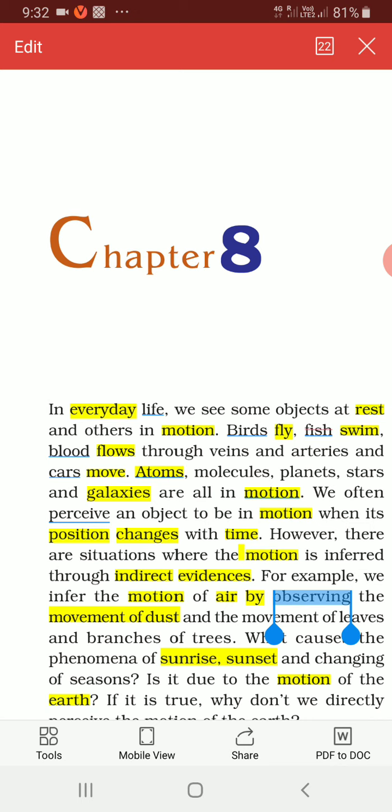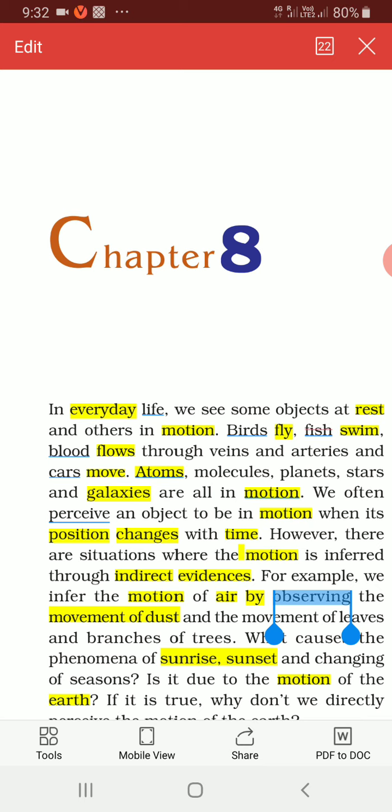However, there are situations where motion is inferred through indirect evidence. That means whether a thing is in motion or not, we don't know directly. We can know its motion by the effects, by the evidence.